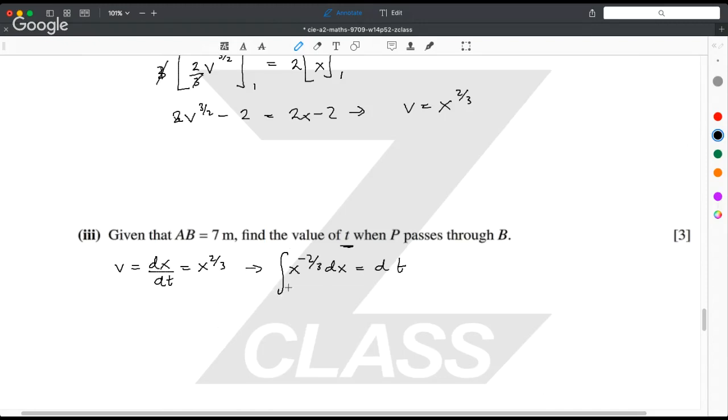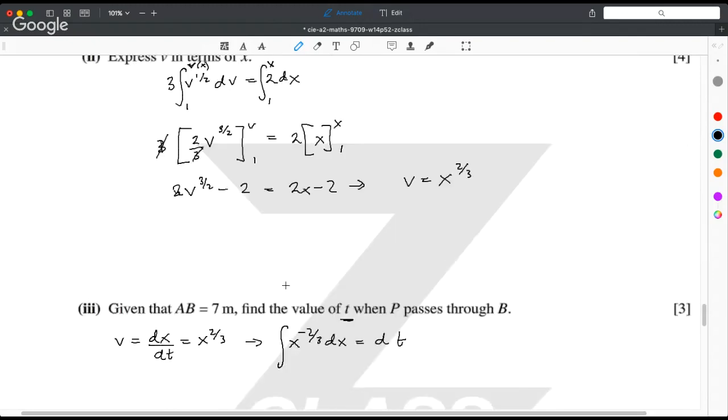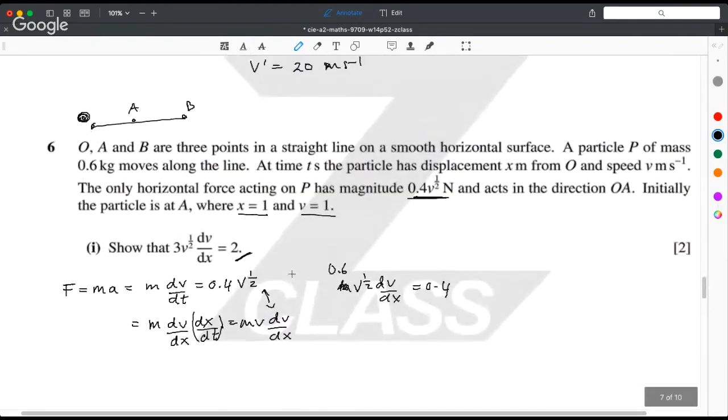Integrate this between, if you look back at the question, you see that it's initially at A, and when it's at A the value of x is 1 meter. So A is 1 meter away from O. We're measuring time from some initial time.